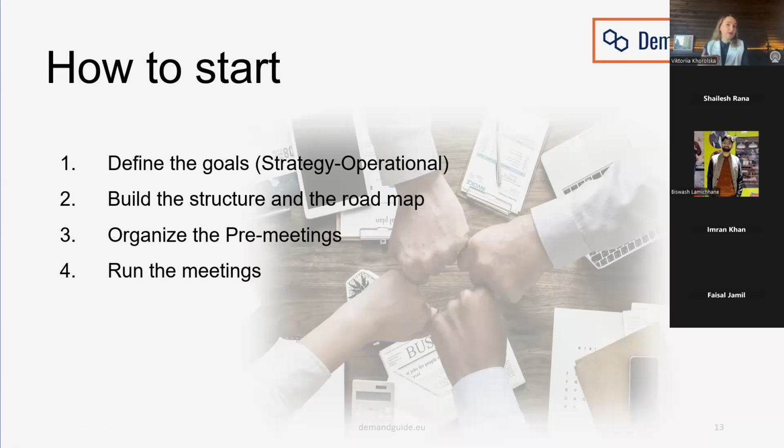goal? Maybe the strategy is to go into a new market. Then it will be one set of operational tasks. If the company goal is to remain a leader in the existing market, then it will be another operational task.